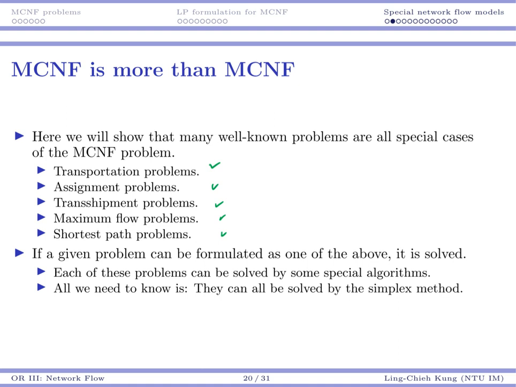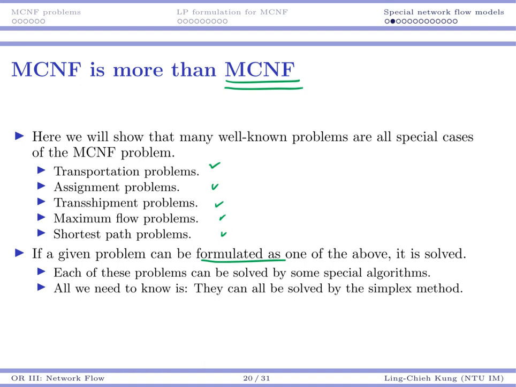We will give an introduction to all of them and try to formulate them. Once we do that, we know if any of these problems may be formulated as an integer program, as an MCNF problem, then we are done in solving it.